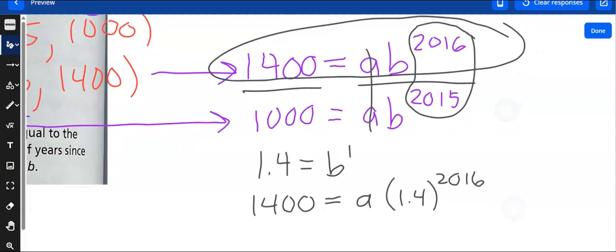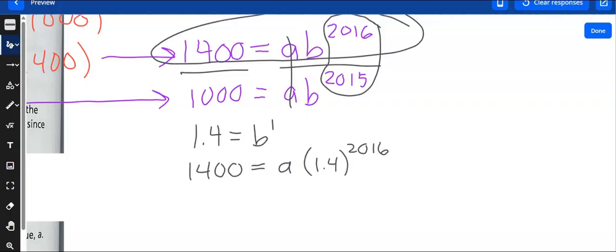You need to solve that for a right now. Go. Oh, I don't know why that's frozen. Get it solved for a. Come on, stop doing that.